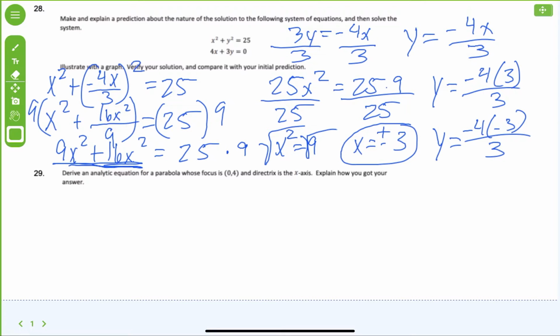Well, if we were to solve that, this would be 12 over 3, and this would be negative 12 over 3. So when x is 3, y is negative 4. When x is negative 3, y is positive 4. Okay?